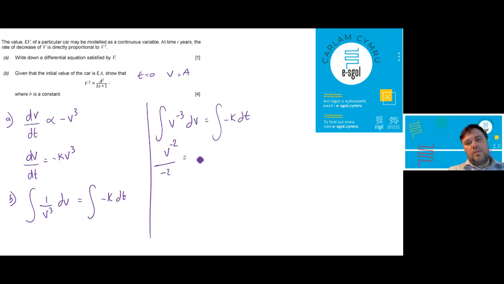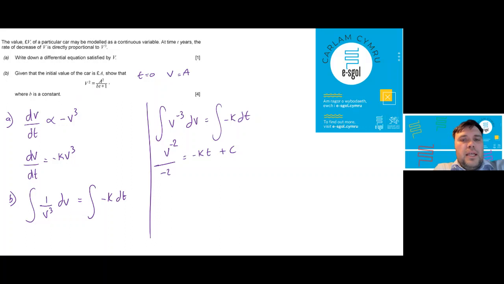And that is equal to minus kt, and that is plus c. Because it's not a definite integral, because I haven't got the limits either side of it, we have to have a constant, which is c. How we're going to then work that c out is by using our initial values.